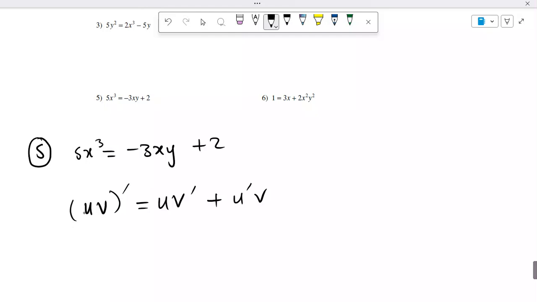If you want to differentiate functions which are multiplied to each other, like here you have u and v, same as here you have x and y multiplied together. How do you differentiate? You keep u first, you don't differentiate it, you only differentiate v. Then plus, next, the one which you kept constant, you differentiate it. So here u we didn't differentiate, so we differentiate u, then v we differentiated here, so here we don't differentiate it. That's the formula for the product rule.